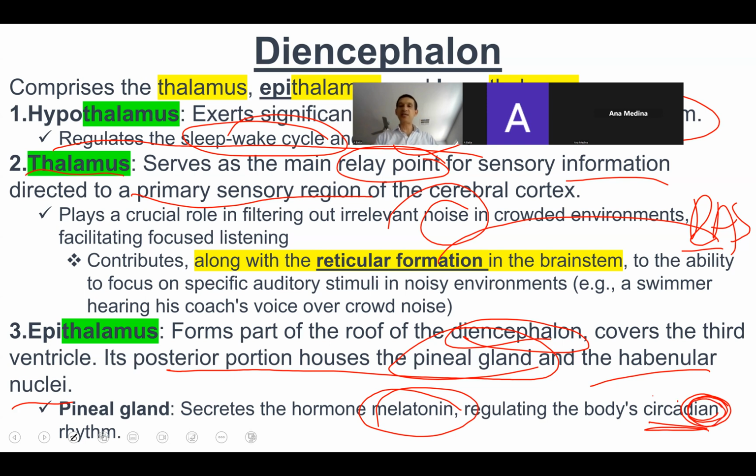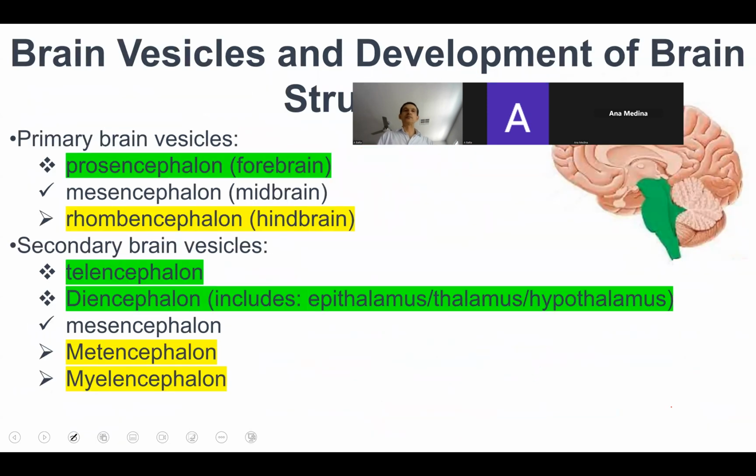Circa is around, dia is the day, circadian. So the pineal gland secretes melatonin, which regulates our circadian rhythm. When you take melatonin, you become drowsy, and that helps you to establish that day-night rhythm.